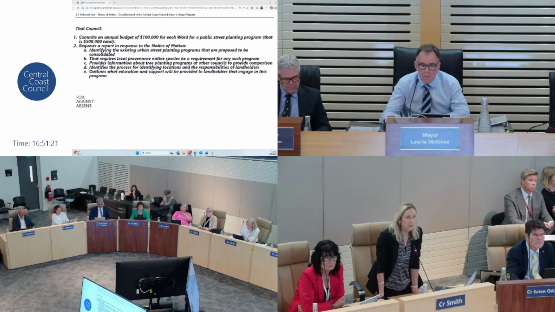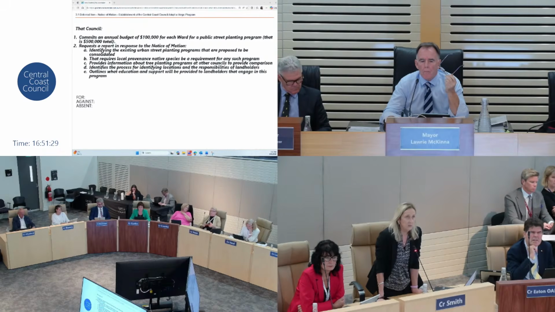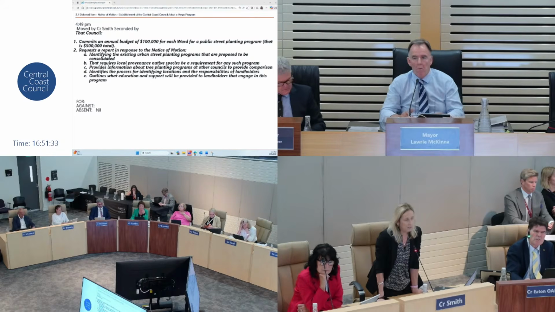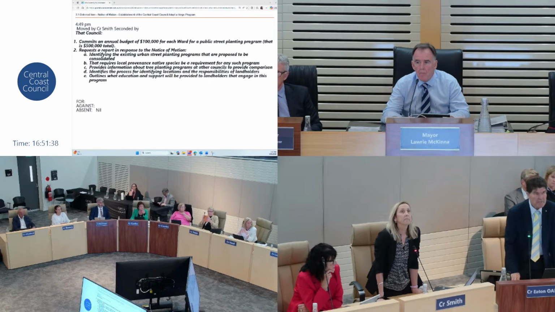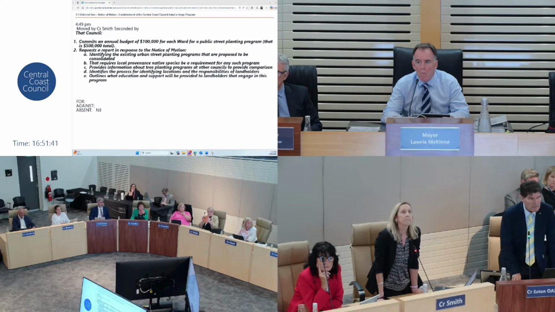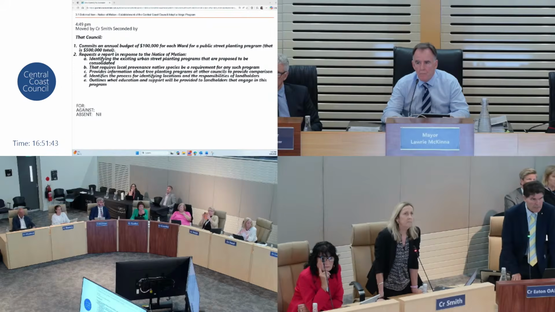But I will just highlight again that $100,000 for a council this size is almost an insignificant amount for tree planting. I mean, this is effectively an amendment to the budget.